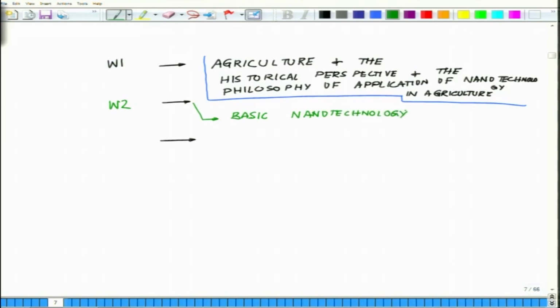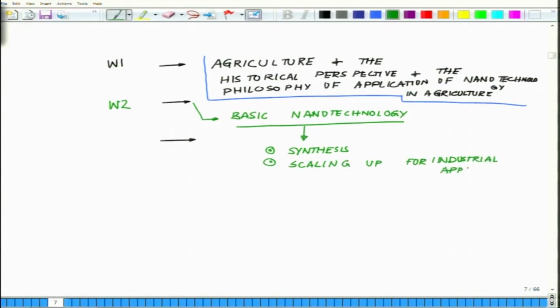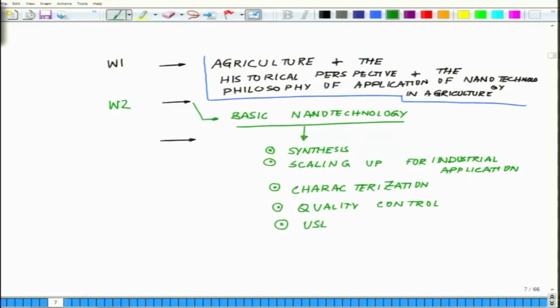In this segment, what we will be dealing with is synthesis of nanoparticles, scaling up for industrial application, then we will talk about characterization, then quality control, and then use guidelines.